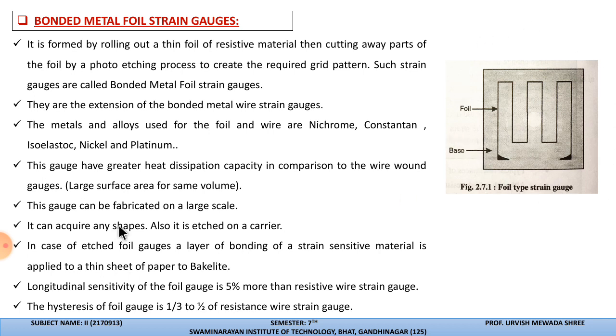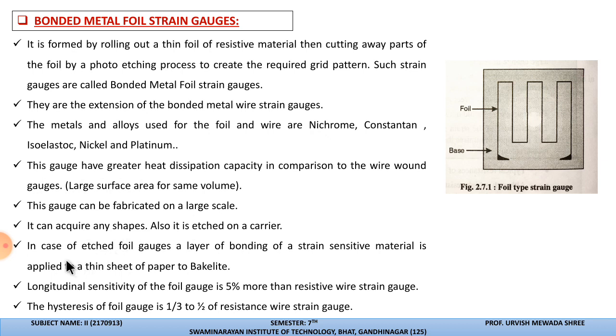Now again, this gauge can be fabricated on a large scale, and it can acquire any shape, because thin films of the foil are used for such materials. As we explained, due to this we can give any shape to the foil type strain gauge.